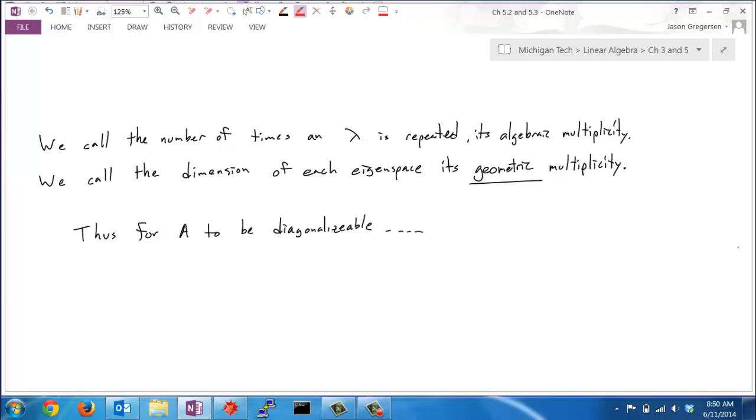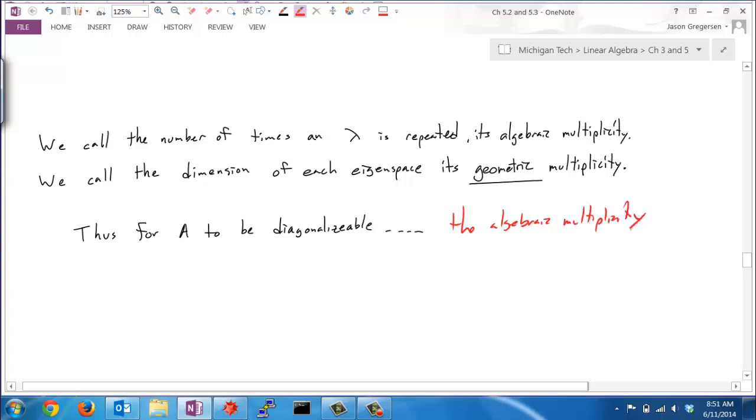Okay. All right, so it's diagonalizable if the algebraic multiplicity and geometric multiplicity have to match for each lambda.